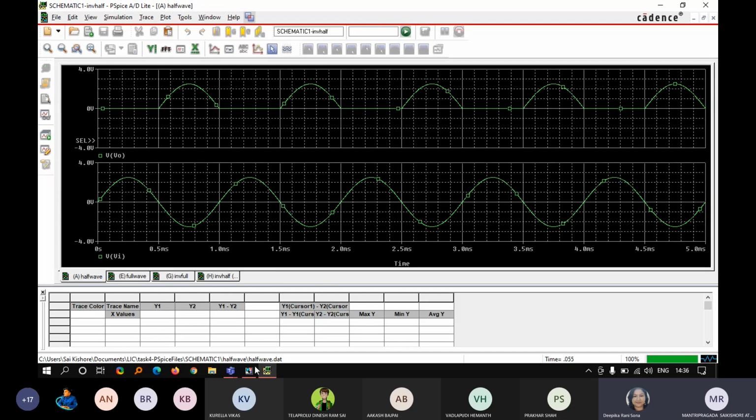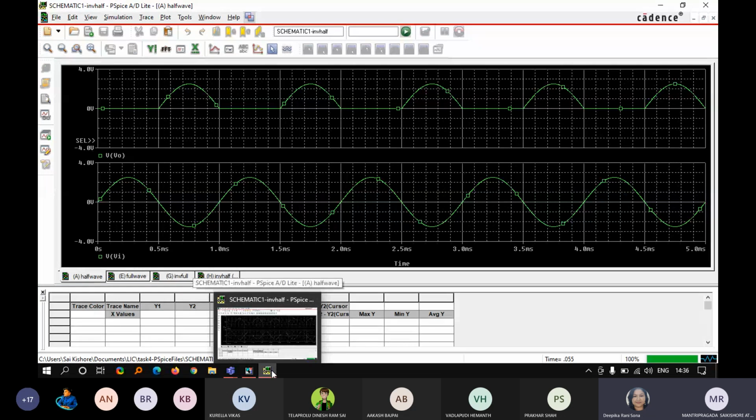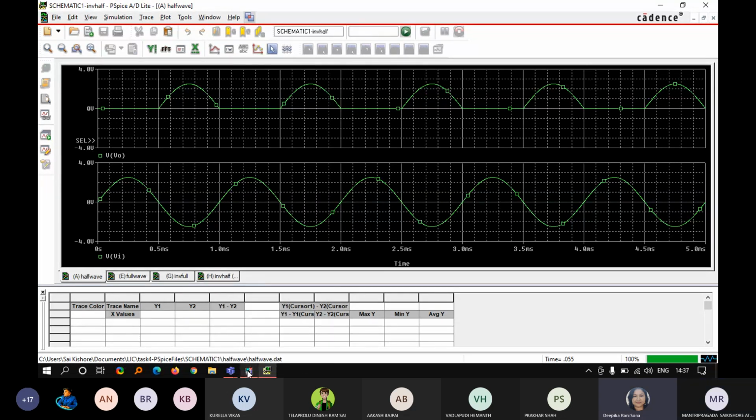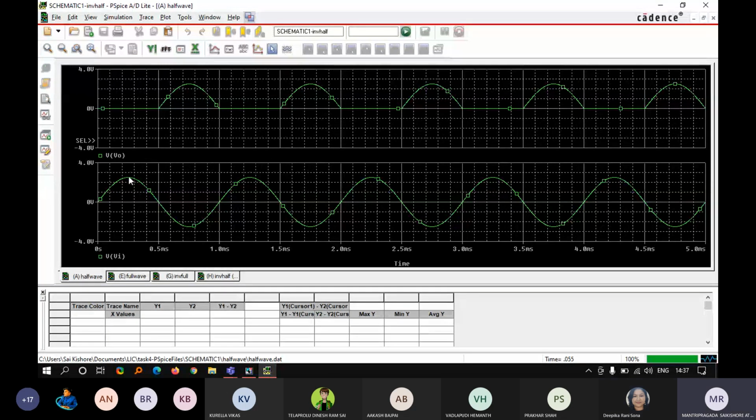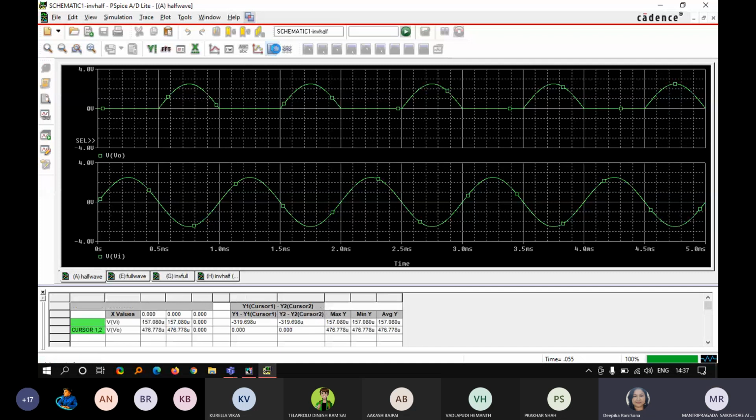I want to know one question. How much V in have you applied? 5 volt. 2.5, ma'am, that is VP only. Whole how much did you get? It will be 2.5 here, 2.5 here, meaning 5. How much output amplitude are you getting?